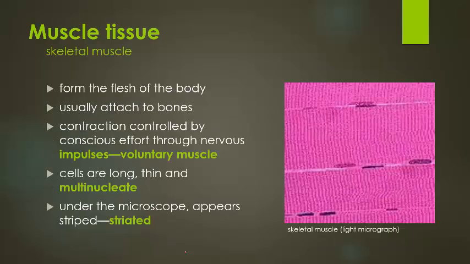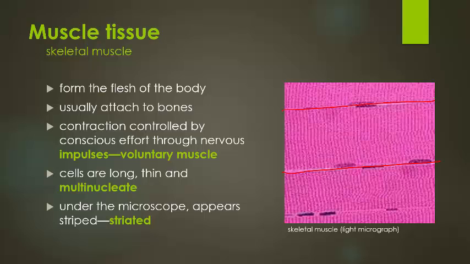So we'll look first at skeletal muscle, and the picture I show you here is only a portion of a skeletal muscle. If we could see the whole skeletal muscle, it would be very long. Imagine your own muscles.